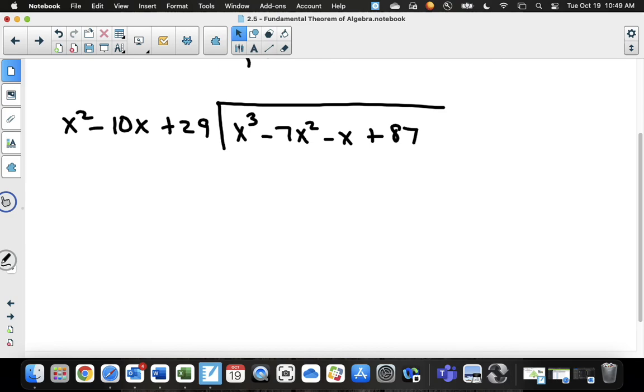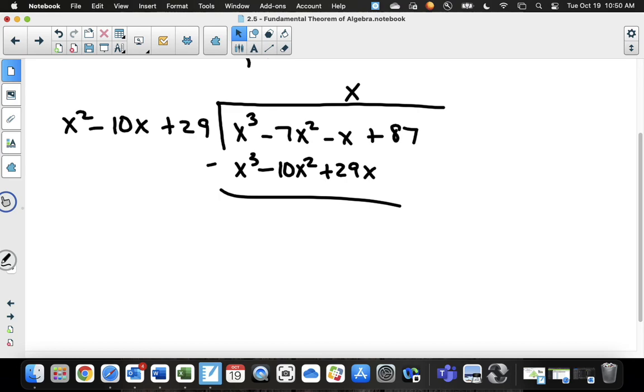What's the first thing going in our quotient, our answer? X. Yeah. X squared times what gives me x cubed? X. So we take that and multiply it through our divisor here. X times x squared is x cubed. Times negative 10x gives me negative 10x squared. And plus 29x. And subtract.